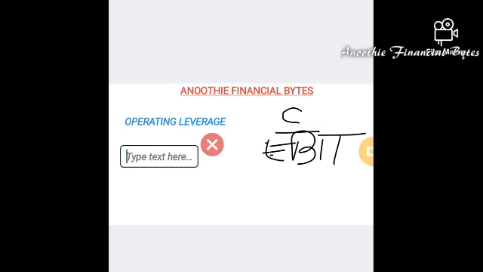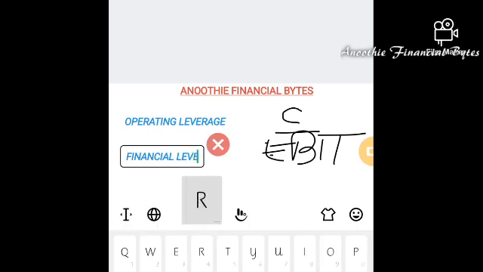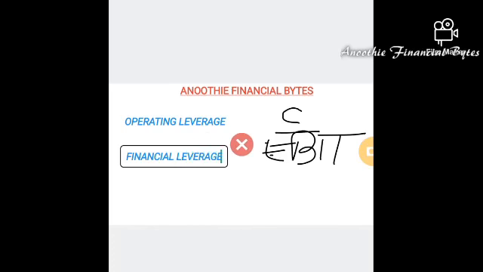after operating leverage, there is another leverage which is called financial leverage. Now financial leverage is the relationship between EBIT and EBT. EBT is earnings before tax. Now I'll tell you the difference between earnings before interest and tax and earnings before tax.